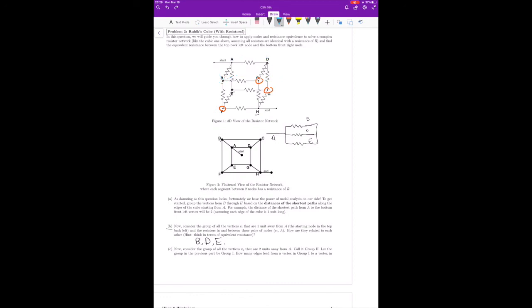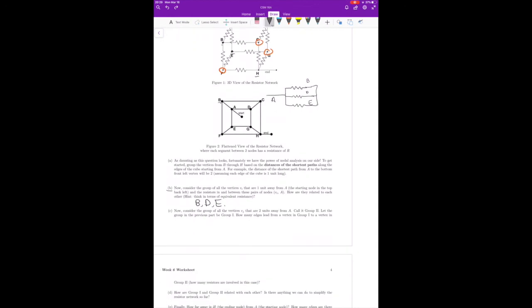And so there are 2 edges coming out of group 1 that lead to each of these nodes in group 2. For example, once more, for C, you can come from B or D, which are both part of group 1.